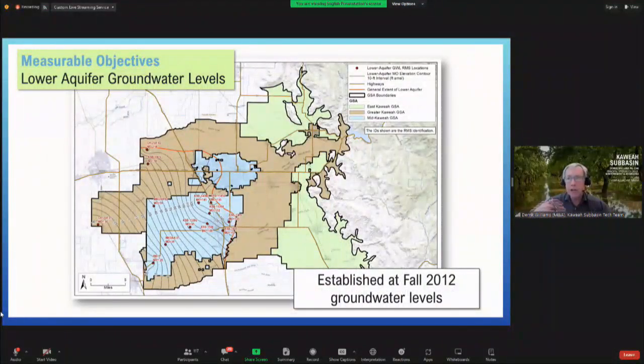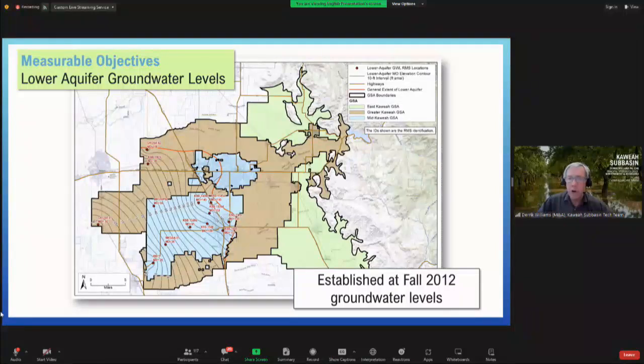Again, there's a measurable objective, and this is our goal. We've been talking about minimum thresholds, which is the floor. Our goal is to raise water levels in the lower aquifer to 2012 water levels. And this is for a couple reasons. One, it gives us a goal that's higher than our minimum thresholds, a buffer that we can work within and a goal to strive for.